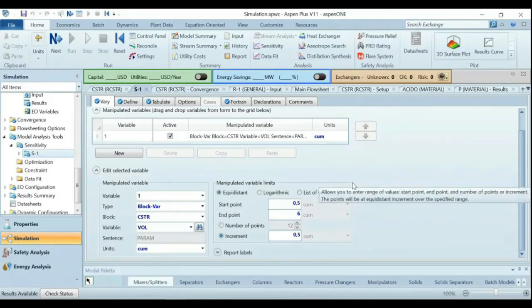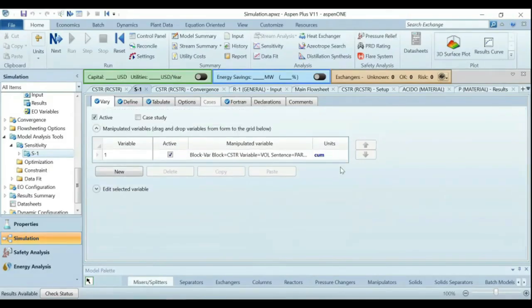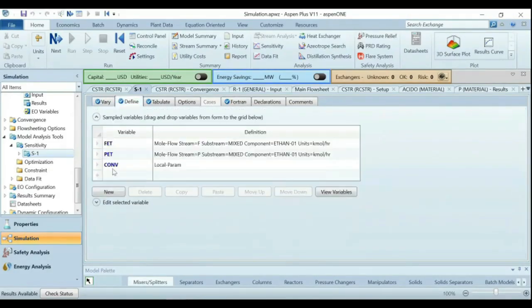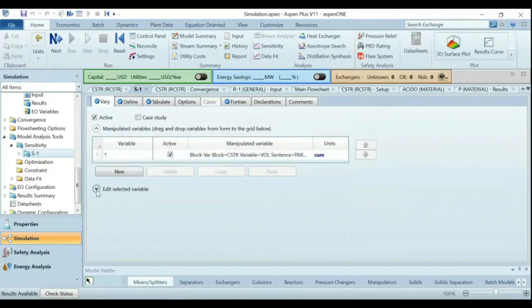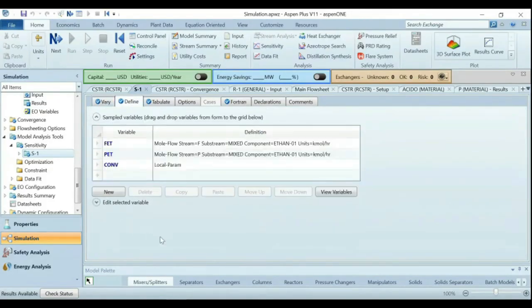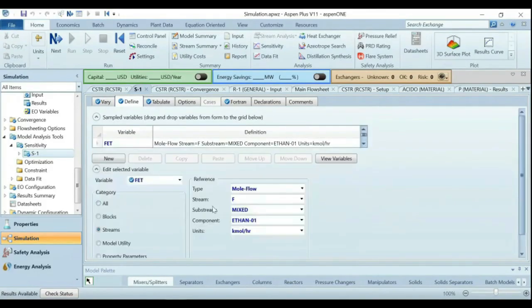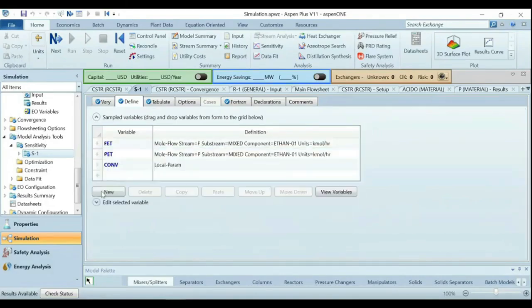Okay, next we must define the conversion as our output variable, but pay attention that conversion is not a variable already available for selecting, so we must create this variable using other variables to calculate it. For example, we need to know the amount of ethanol in the input stream and the amount of ethanol in the product stream for calculating the conversion.